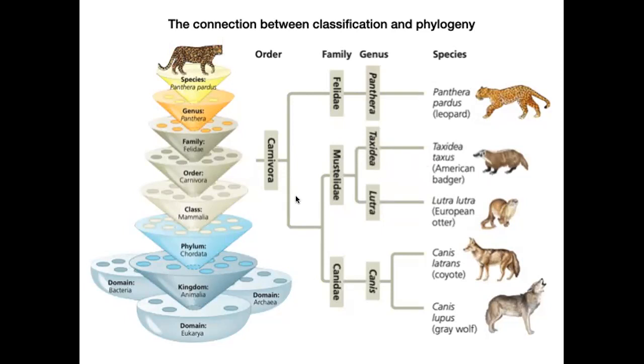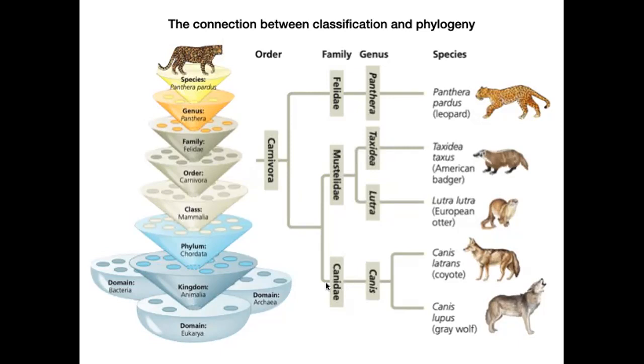This diagram right here is simply telling us that at the Linnaean classification, at each of these levels or ranks, species are placed in groups with more inclusive groups. So say, for example, we have here Carnivora, carnivores, and then you have the Felidae, the Mustelidae, and then the Canidae.